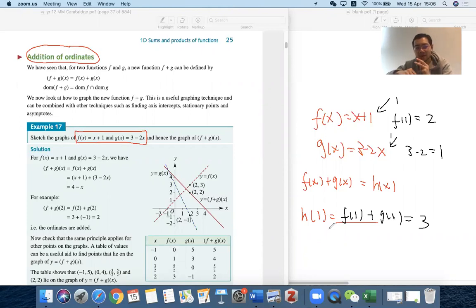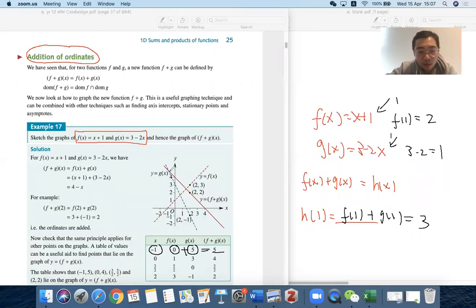This is exactly the key idea of addition of ordinates. For example, over here, my x value is -1, my f(x) is 0, my g(x) is 5, so my f plus g will be 0 plus 5, which is equal to 5.